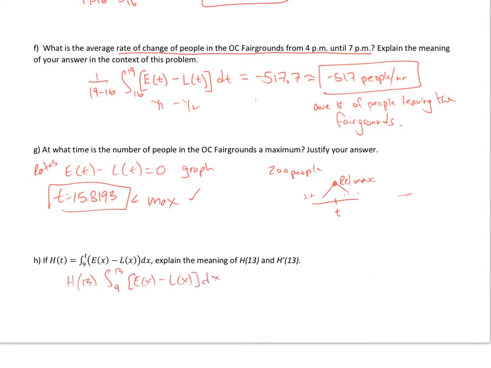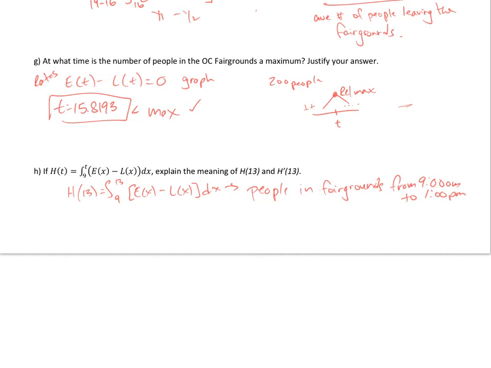And this yields the people in the fairground. So this will be the total, because we're integrating the total people in the fairgrounds from 9 o'clock a.m. to 1 o'clock p.m. That's what the 13 will yield.